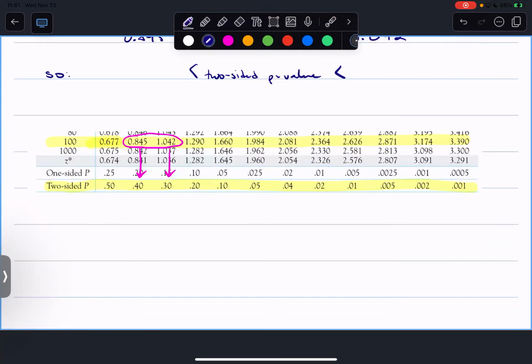So our two-sided p-value is somewhere between 0.30 and 0.40. That matches our gut reaction when we found our T was relatively small, not very far from 0. And so this is a large p-value, so again, we're not going to have enough evidence to reject H0.